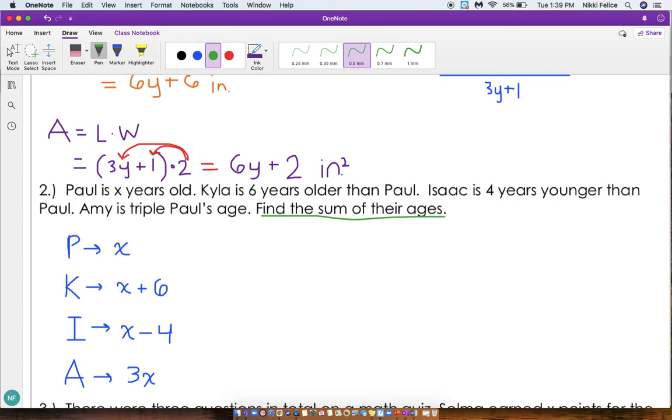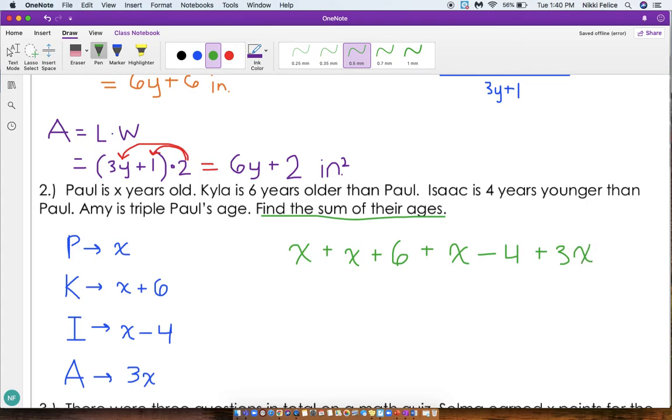I do that by adding all 4 expressions together. I'm going to do Paul's age, X, plus Kyla's age, which is X plus 6, plus Isaac's age, which is X minus 4, plus Amy's age, which is 3X.